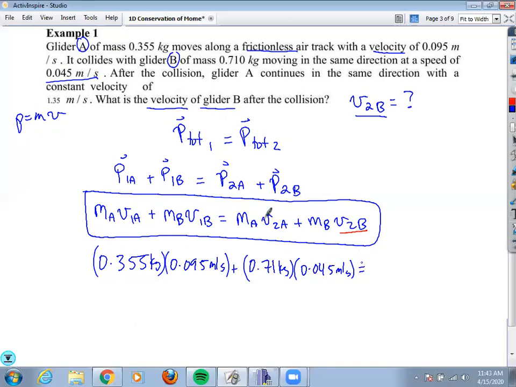That's going to equal mA, which doesn't change, 0.355 kilograms times v2A, which is 1.35 meters per second, plus mB, which doesn't change, 0.71 kilograms times v2B.